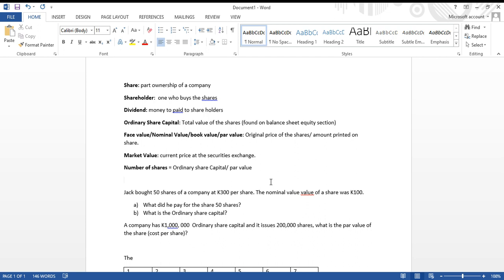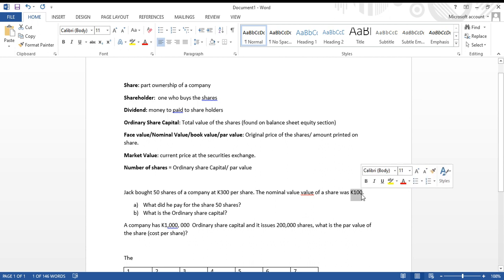All right, so let's look at some examples here. Jack bought 50 shares of a company, all right, at 300 kwacha per share. The nominal value of the share was 100 kwacha. So the first question is, what did he pay for the 50 shares?